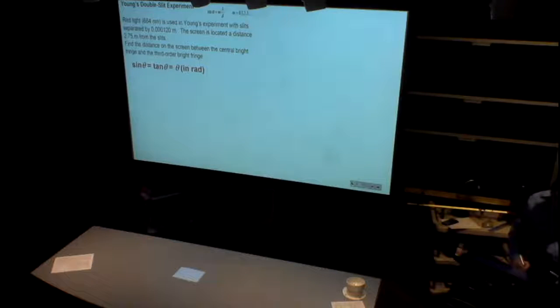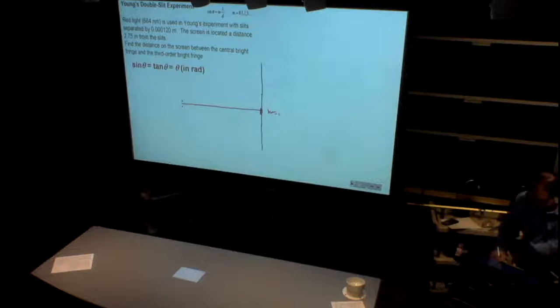Well, we know that eventually on the screen, away from the device, right in front of the device, we should observe the central maximum, m equals 0. And then we should observe the first maximum, the second, on both sides. 1, 2.